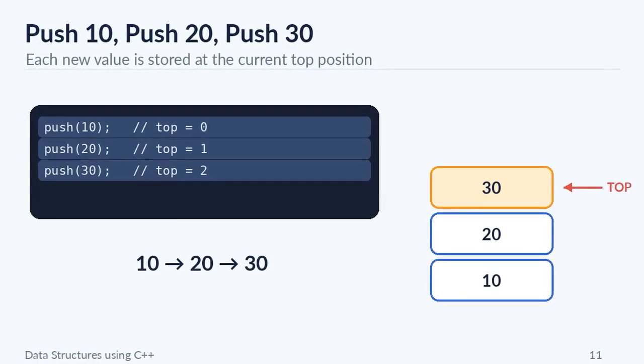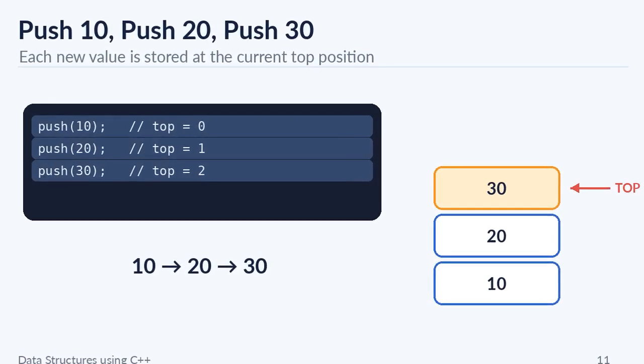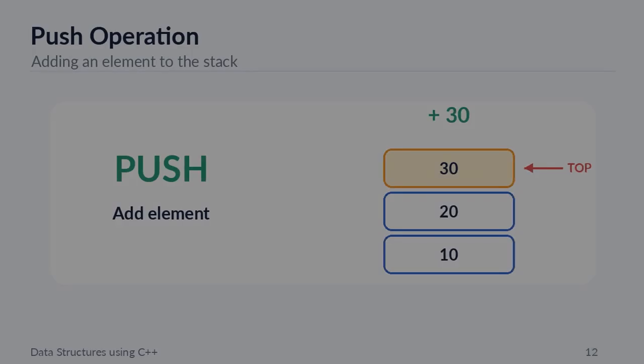It changes top from -1 to 0, and at the 0th location, that means stack[0] = 10. So 10 is stored. Next, suppose I write push(20), the top becomes 1 and 20 is stored.